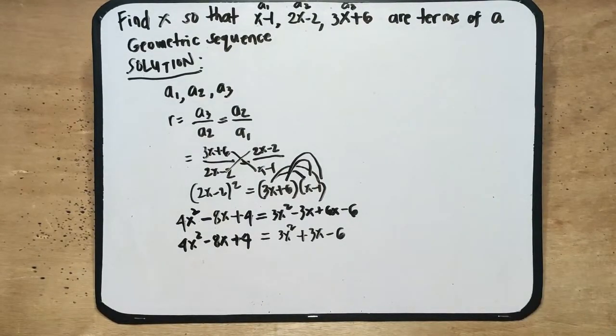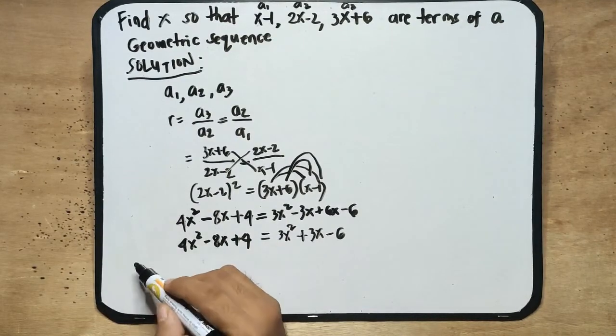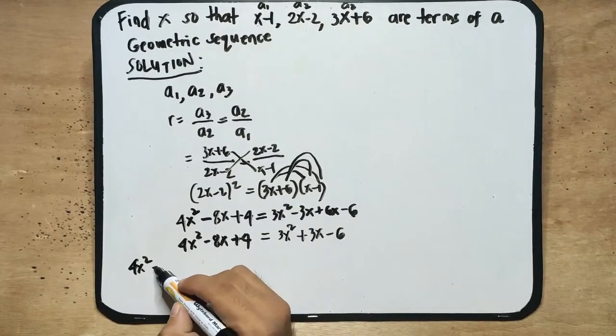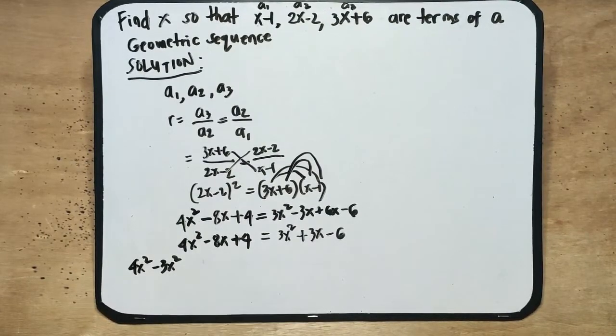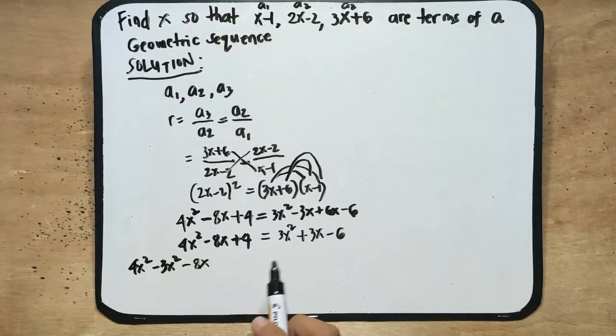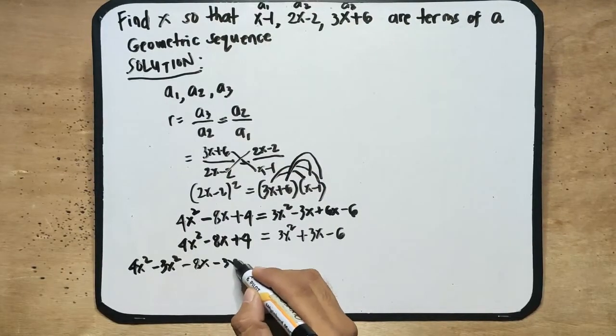Since quadratic equation yung nakuha sa magkabilang sides, we transpose everything from the right going to the left to combine similar terms. So 4x squared, we just bring down 4x squared, transpose positive 3x, it will be negative 3x squared. We bring down negative 8x, transpose positive 3x, it will be negative 3x.